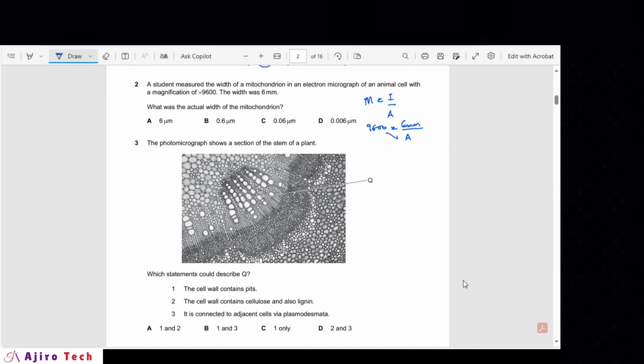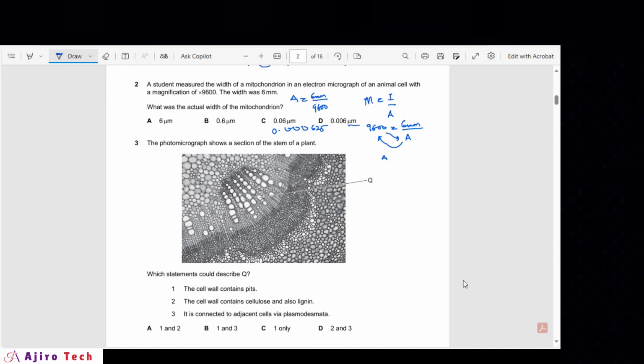So we rearrange this. A equals 6 millimeter divided by 9,600. When you do that, you have 6 divided by 9,600. That gives 0.000625.